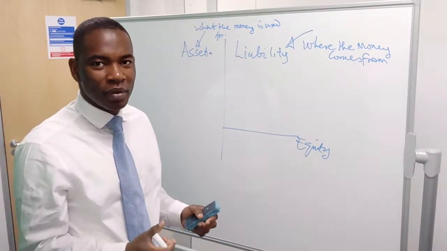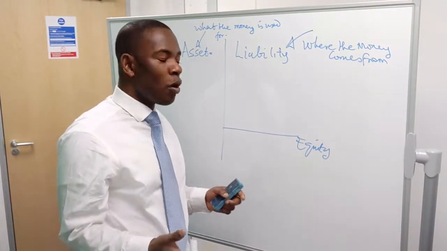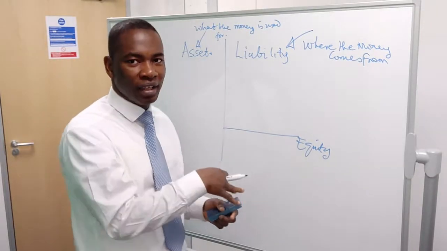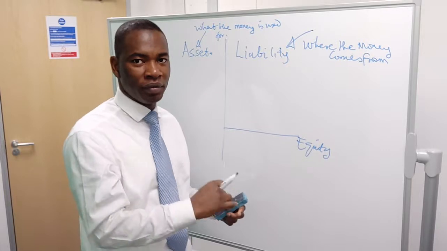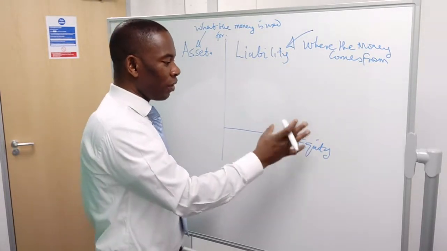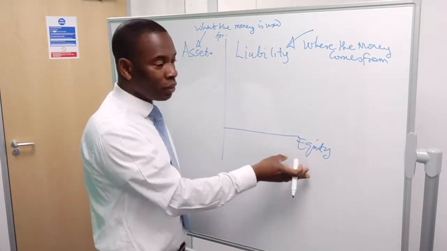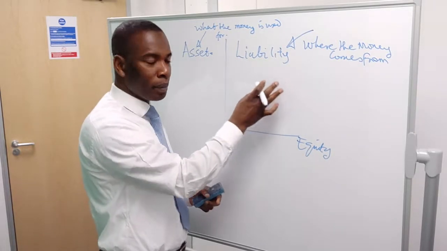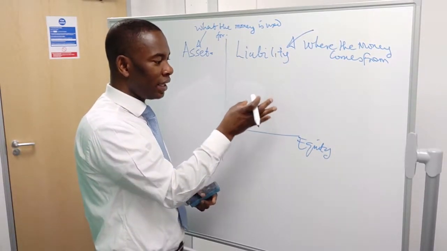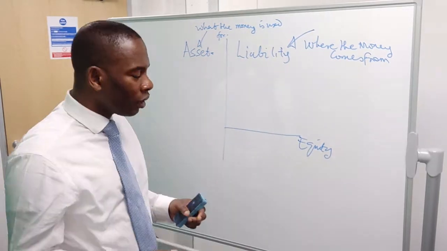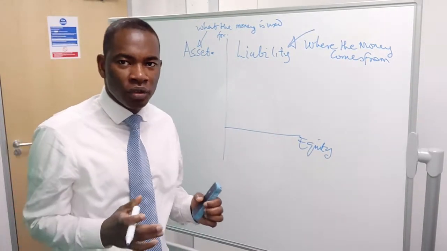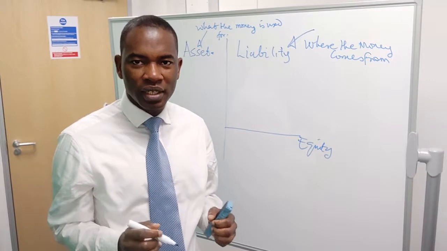Equity is a form of liability, but it is what the owners put in or what the business has retained in terms of profit. So you have that at the very bottom, and then you have the proper liability, like external funding, right here.